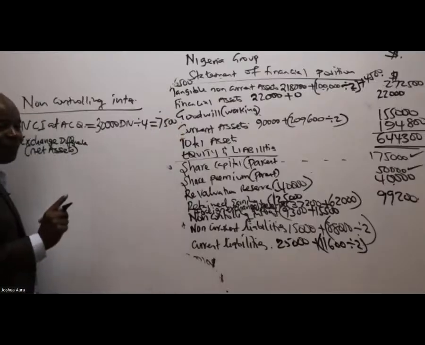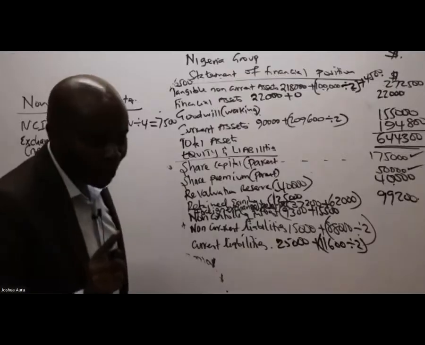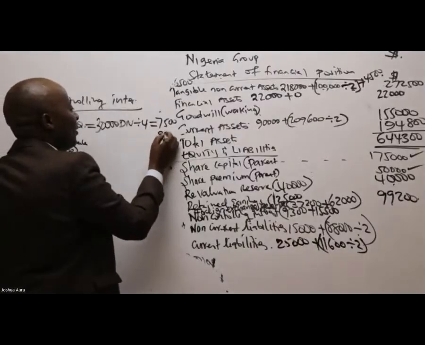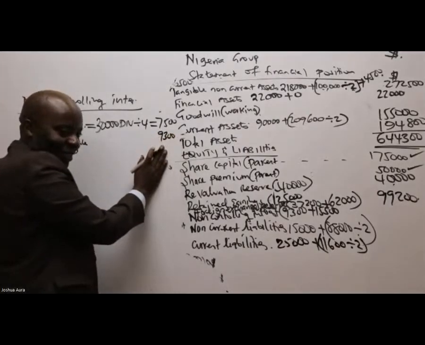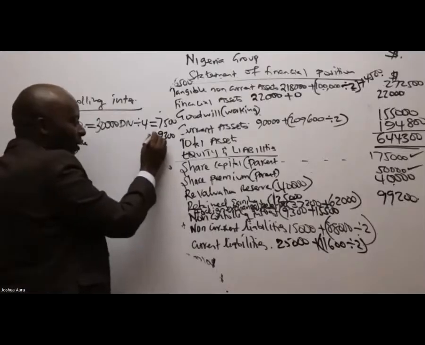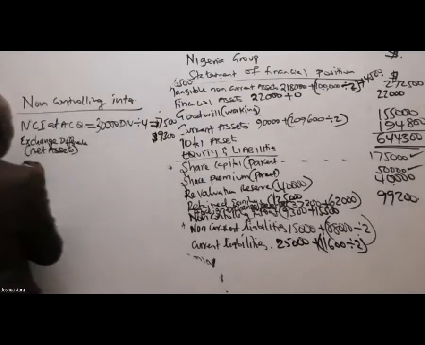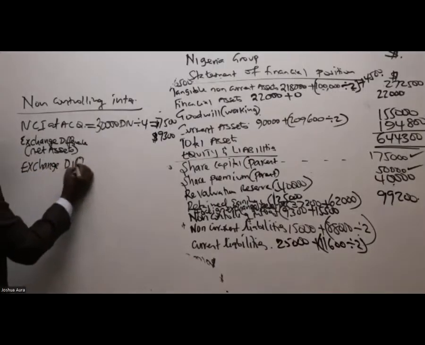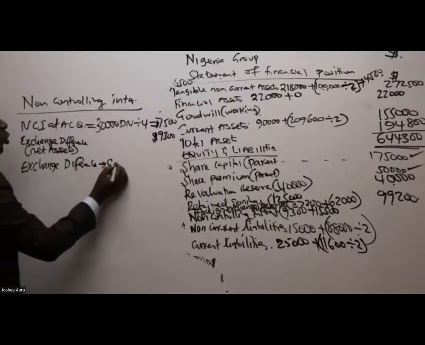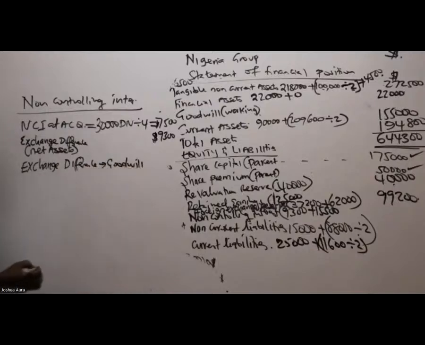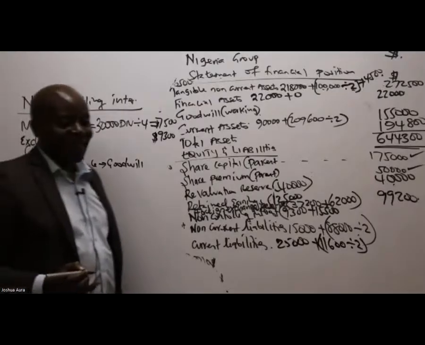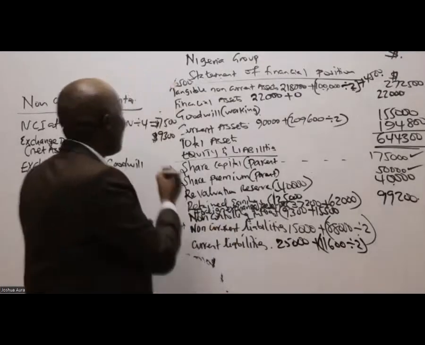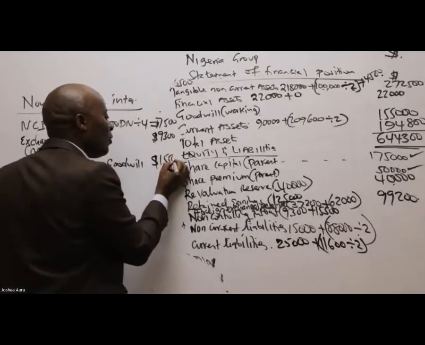We gave them 9,300, and remember this 9,300 is already translated; these are dollars now. We also gave them something from the exchange difference on goodwill, 15,500, which is also already translated.